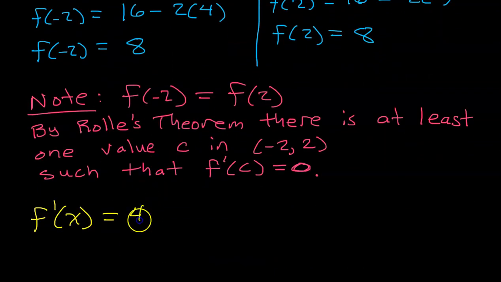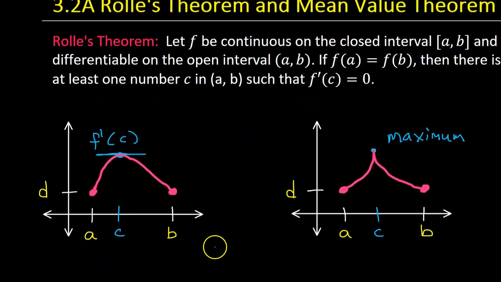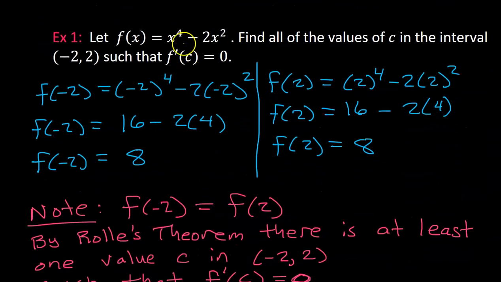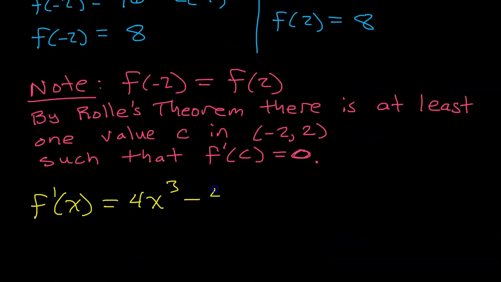So we're going to have 4x to the 3rd power. And again, using the power rule, 2 times 2 is 4. So the derivative of the second term is going to be minus 4x.